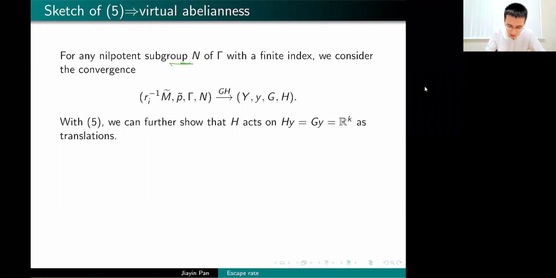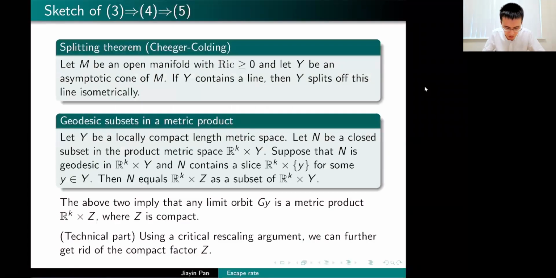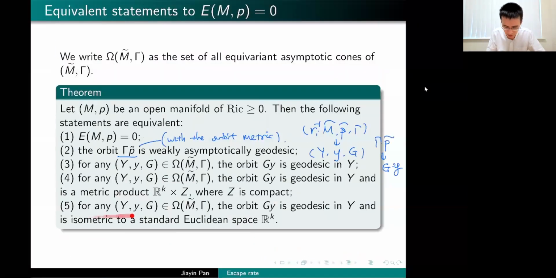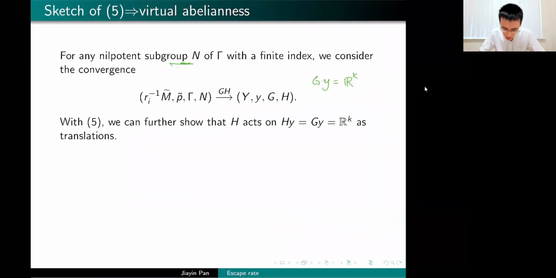Then we consider this equivariant asymptotic cone. And we know that this G·Y is always R^k regardless of which scaling sequence you apply. This is the theorem we mentioned, the fifth statement here. It's always a Euclidean space.